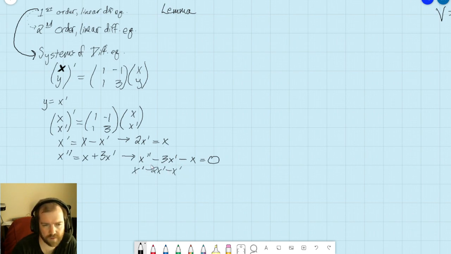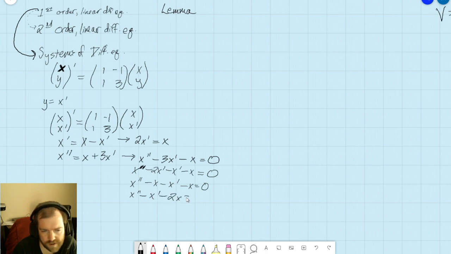So x double prime minus 2x prime minus x prime minus x. So negative 2x prime is just equal to x. Sorry, negative 2x prime is going to be negative x. There we go. Minus x prime minus x. That says x double prime minus x prime minus 2x equals 0.